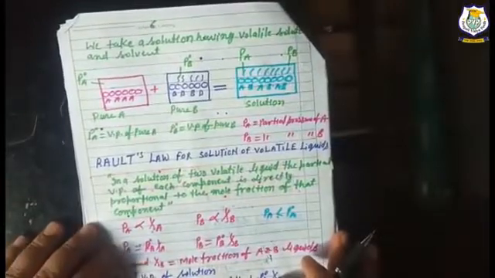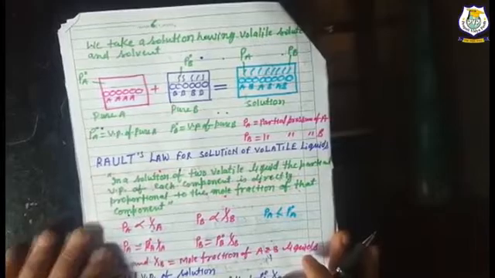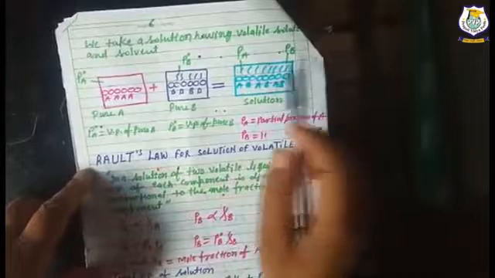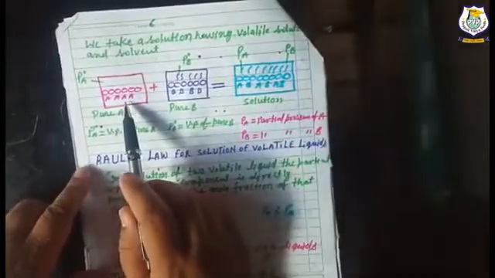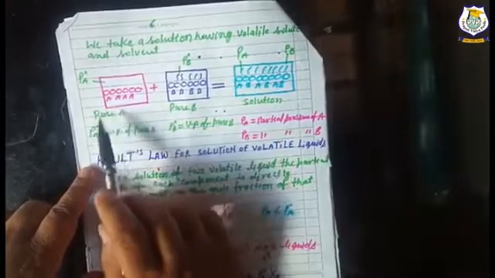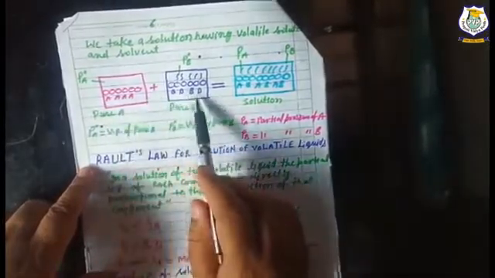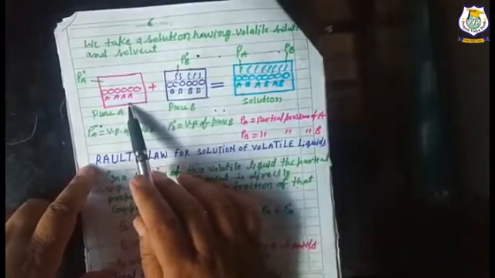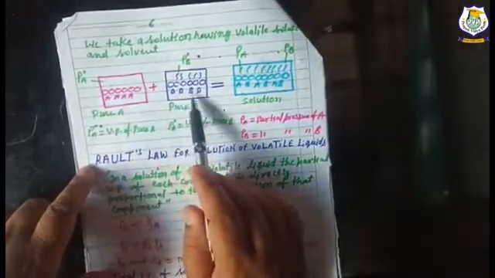We take a solution having volatile solute and solvent. In this container, pure A liquid is present. In this container, pure B liquid is present. A is known as the solvent and B is known as the solute.